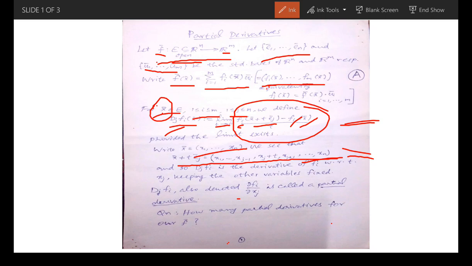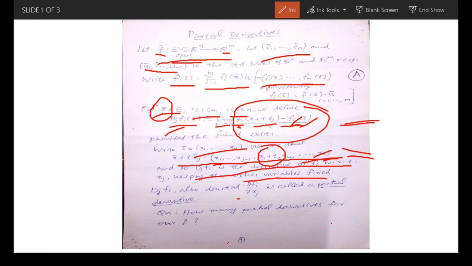So we will get dj fi is the derivative of fi, because I am looking at fi here, with respect to xj, because the change happens only in the direction of xj, keeping the other variables fixed, because all the other variables x1, etc., xj minus 1, xj plus 1, etc., xn are fixed.